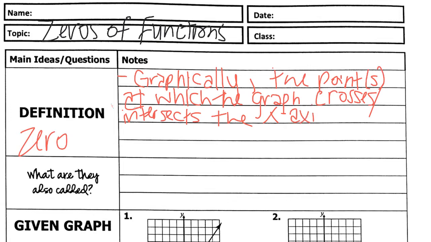So visually, you could see that. You would look at the x-axis and see where it crosses.